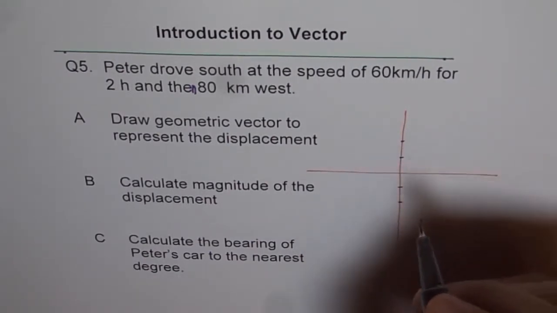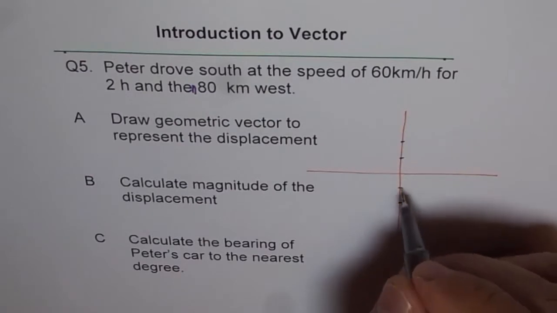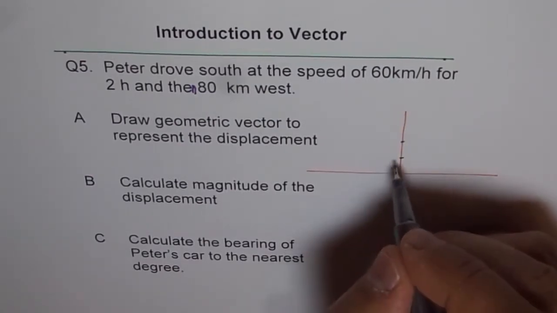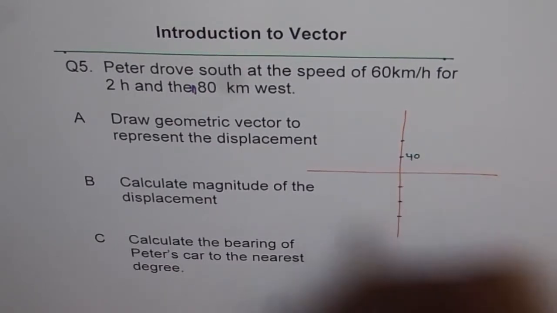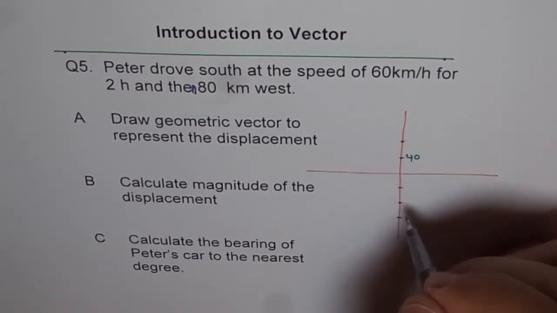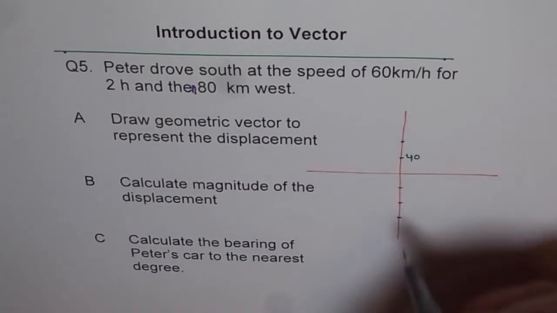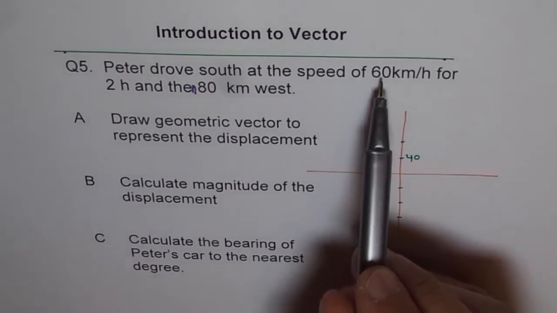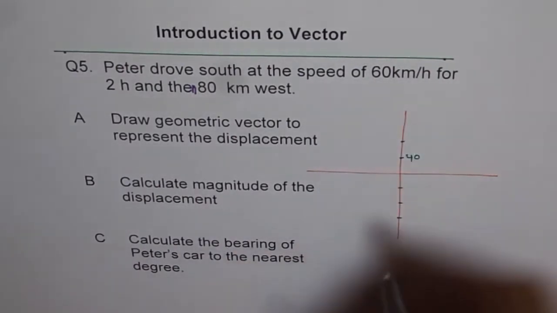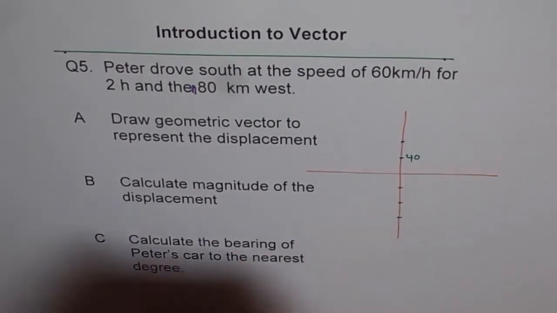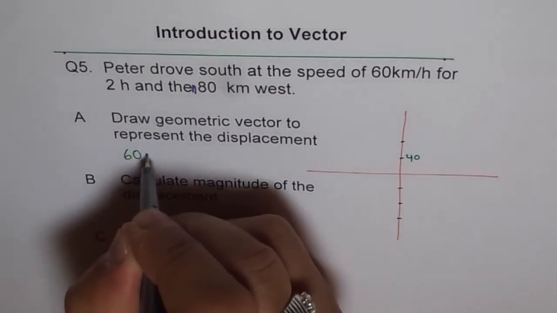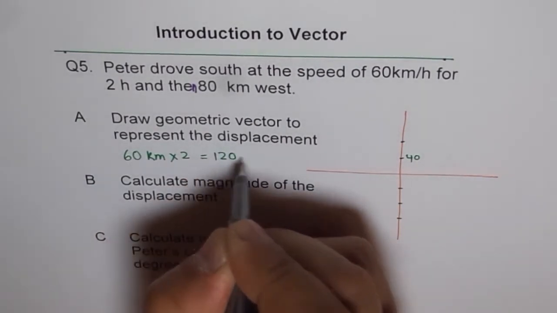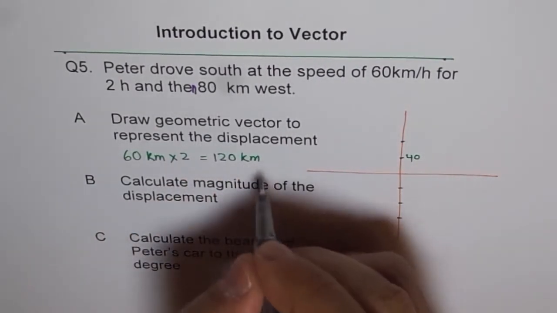Like this. So when we use a scale of 40, we are saying the scale is 40 units. So that represents our scale. And here 60 kilometers per hour for 2 hours. That means south we need to go 60 kilometers times 2, which becomes 120 kilometers, and the direction is south.